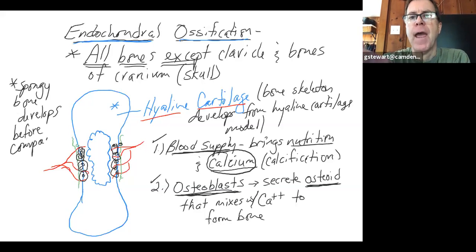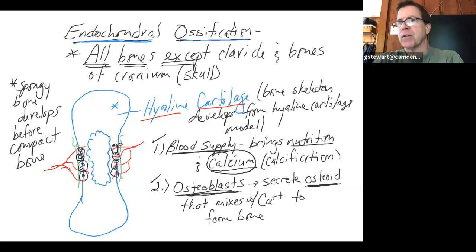And then if the area requires compact bone tissue, the spongy bone in that area gets converted to compact bone. All right, so that's a really quick but important basic lecture on endochondral ossification.